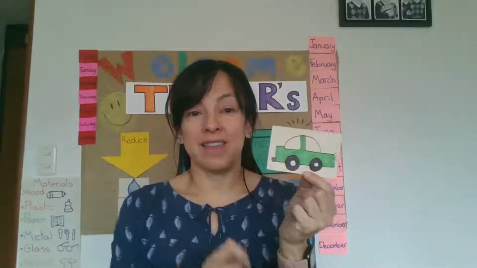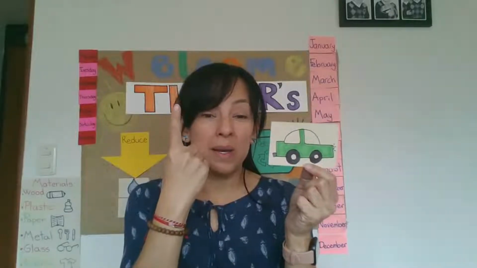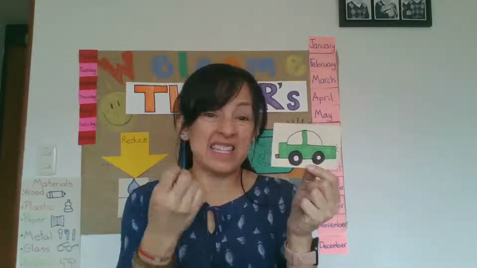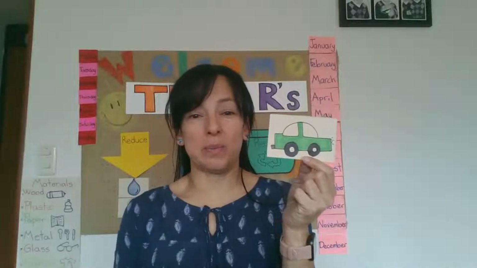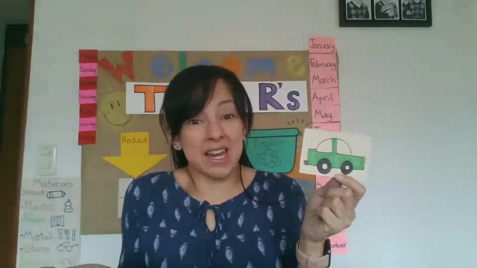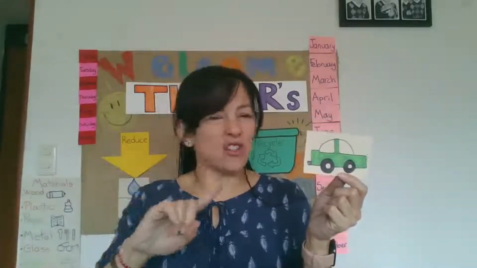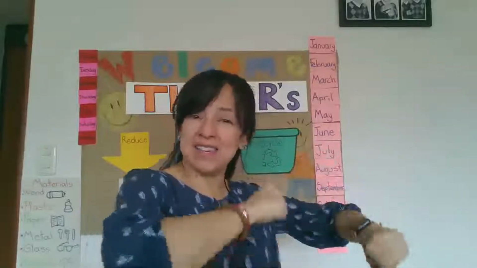So the car must take as many people as possible, not just one person, but at least 2, 3, or 4 people in one car, not just one person. And if it's possible, not to use the car, we can walk or we can use the bicycle, right?